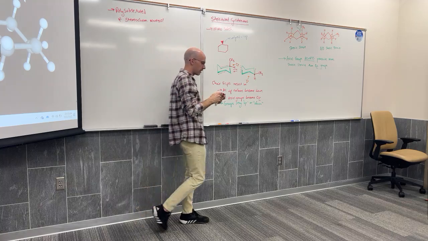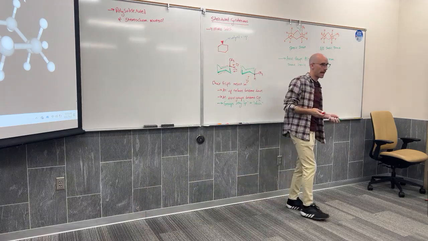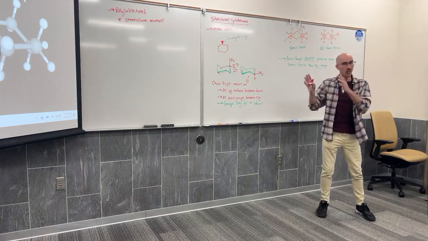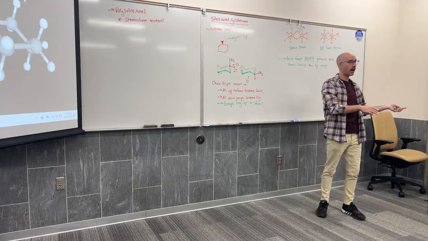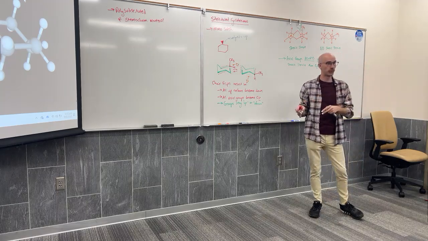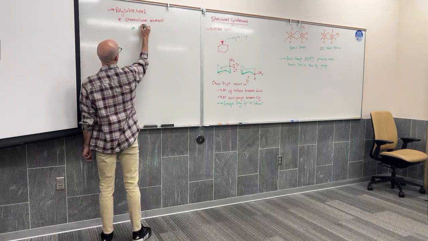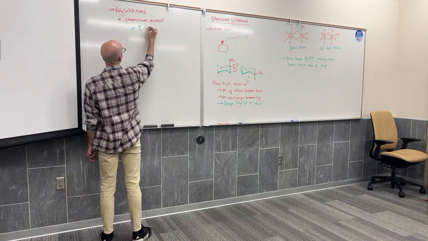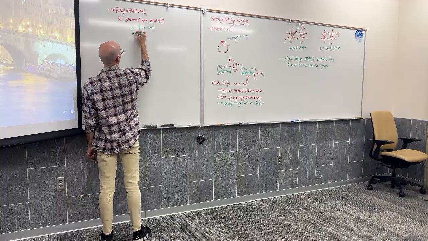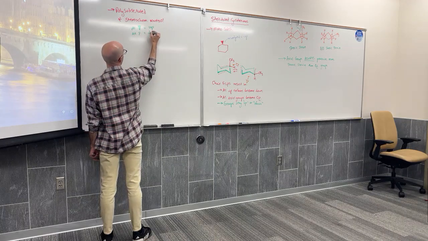The stereochemistry of the groups matters. So those wedged groups all need to be up. Those dashed groups all need to be down. All wedges are drawn up. All dashes are drawn down.